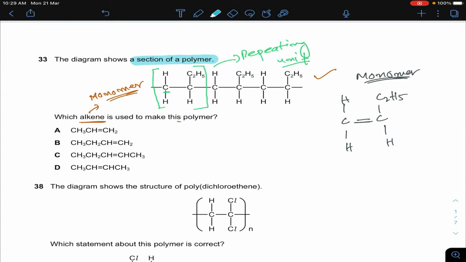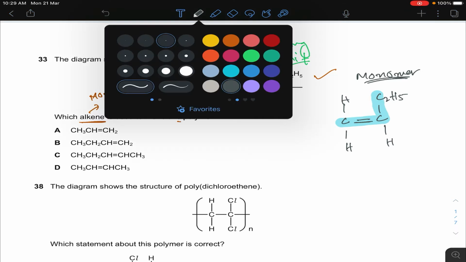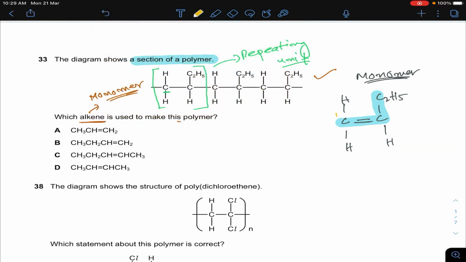How many carbon atoms do we have in the monomer? 1, 2, 3, 4. C2H5 means 2 carbon atoms present here. So we have an alkene with 4 carbon atoms, and the double bond is between carbon number 1 and 2.